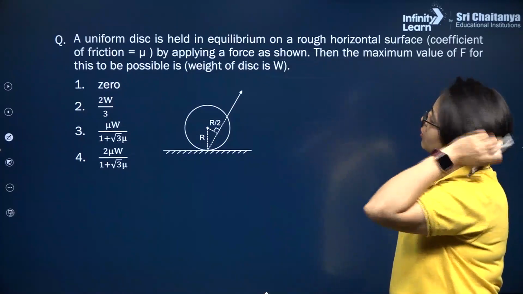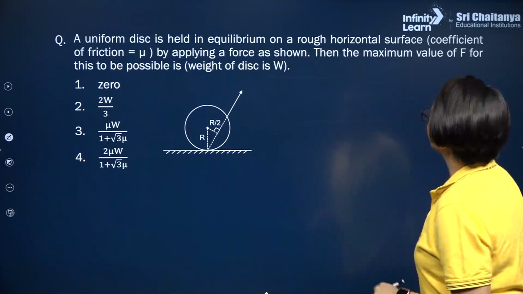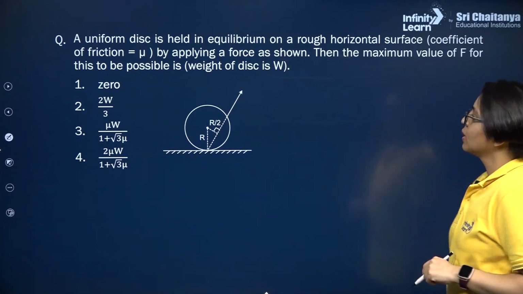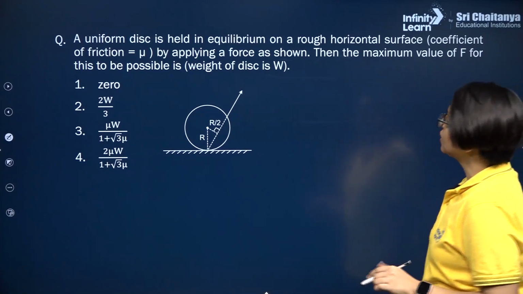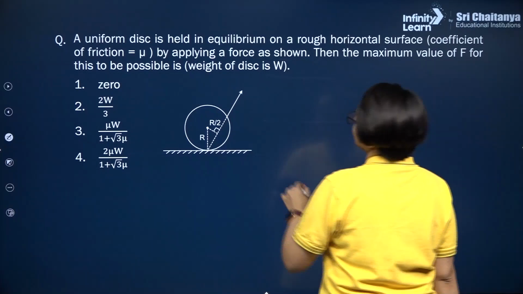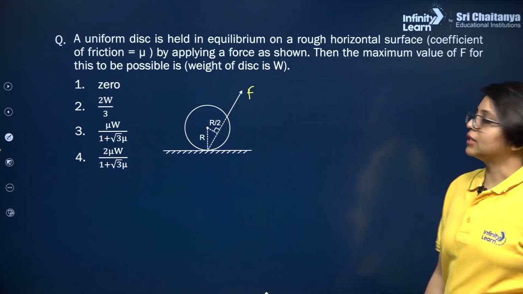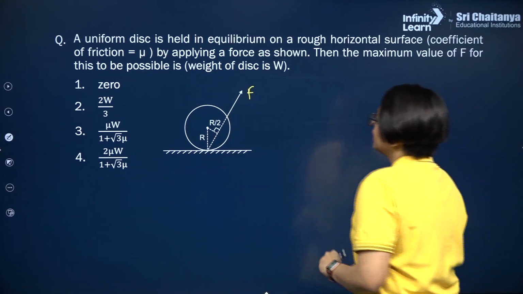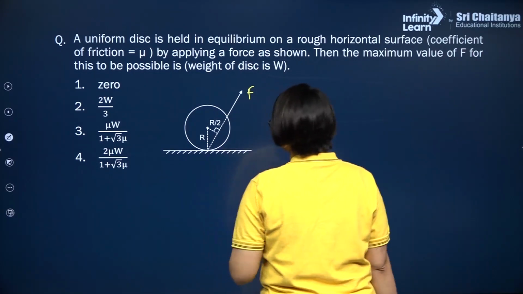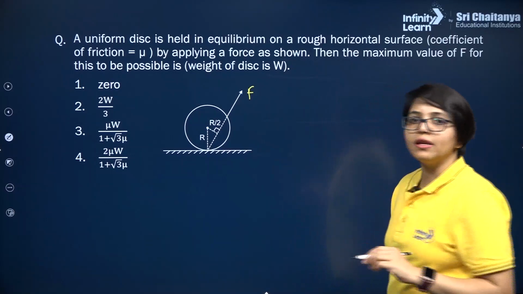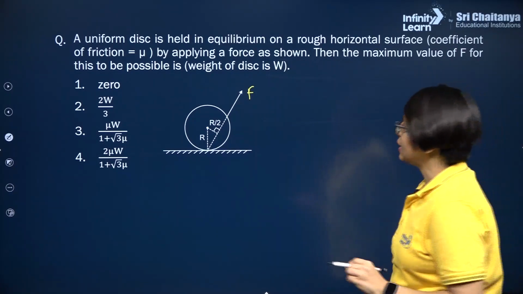Next is this: a uniform disc is held in equilibrium on a rough horizontal surface. The coefficient of friction is mu, and a force F is applied as shown in the figure. Then the maximum value of F for which it is possible is, so over here it is in equilibrium, that means it is in translational equilibrium as well as rotational equilibrium.